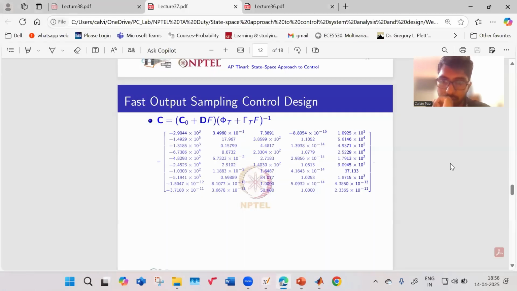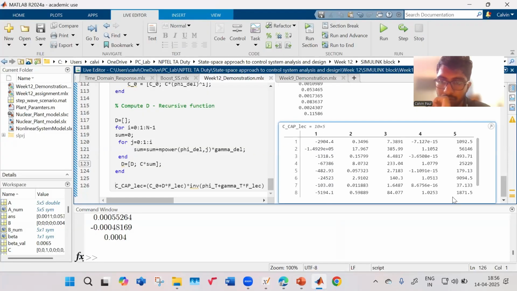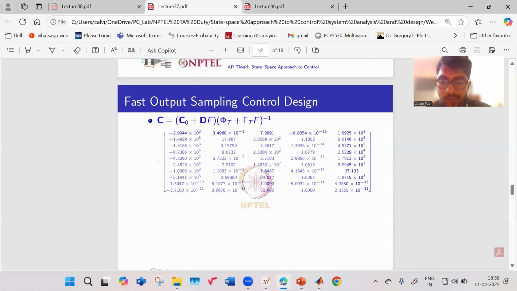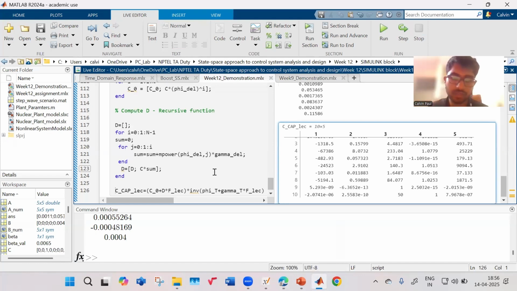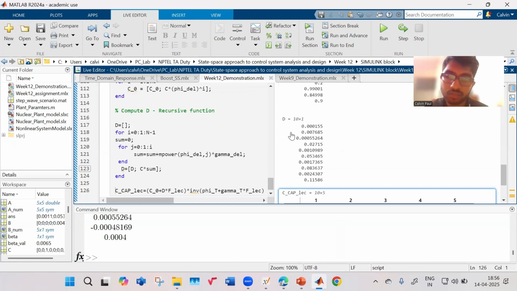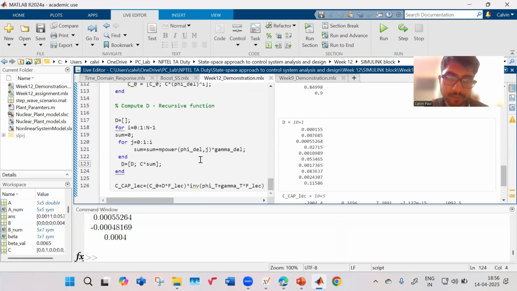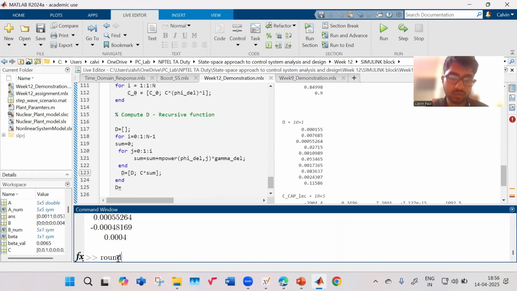Okay, this is not correct. Minus 2.0153 times 10 to the power minus 9. There is some mistake. There's certain deviation. So what could be the cause? First of all, D, we were getting some value which is slightly different from there. So D will go round.